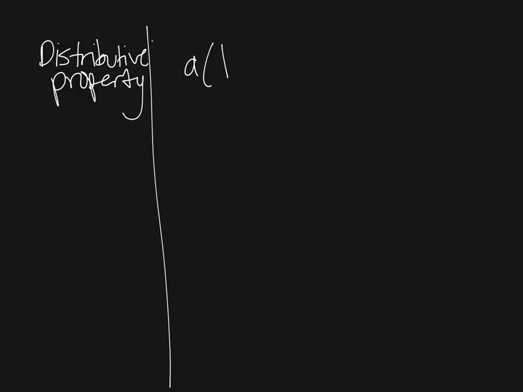Okay, so now I'm going to write the distributive property. So let's say you have A, parentheses B, plus C. So you have to solve what's inside the parentheses first, but let's say that those numbers are not like terms.